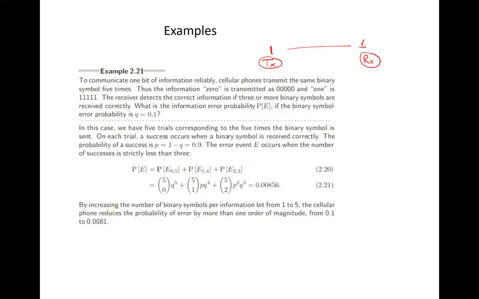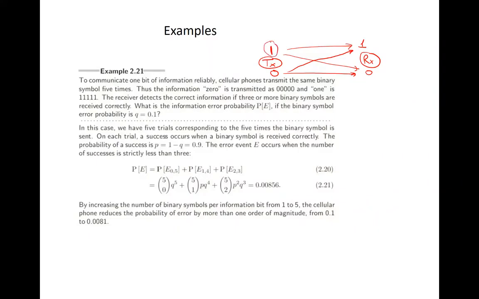But due to the error in the channel, this may be received as 0. When I transmit 0, normally I should receive 0 at the receiver side, but due to the errors in the channel, I may receive 1 here. So there may be an error.